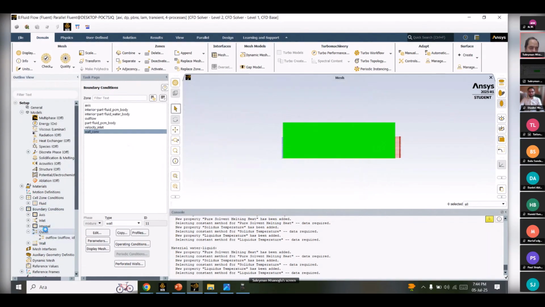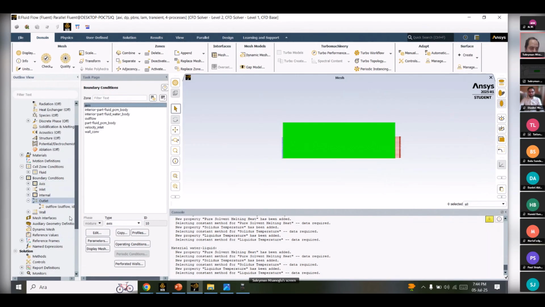Another one must be outflow, here outflow, axis is axis, okay, everything is good. Cold system 300 Kelvin and water is 350, and the solid PCM must be changed fast.